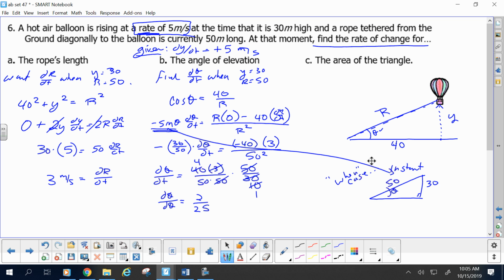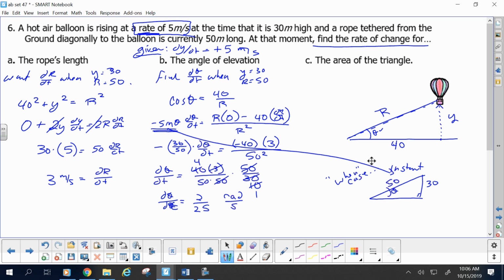So, if you're doing calculus with trig, it's in radians. So, d theta, the units change in the angle is radians, and the change in time is seconds. The angle is increasing at a rate of 2/25 of a radian per second.